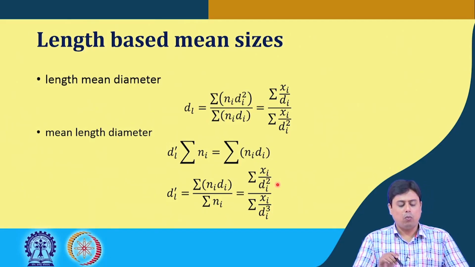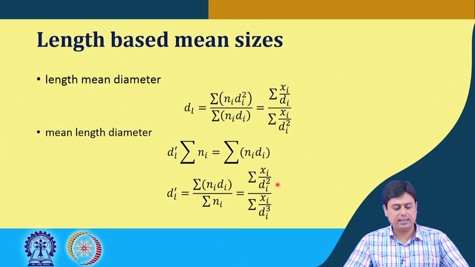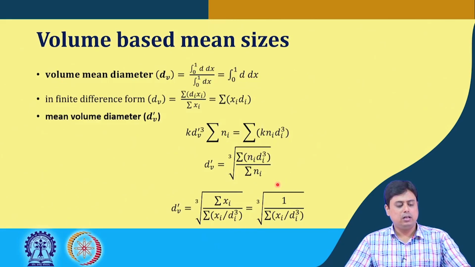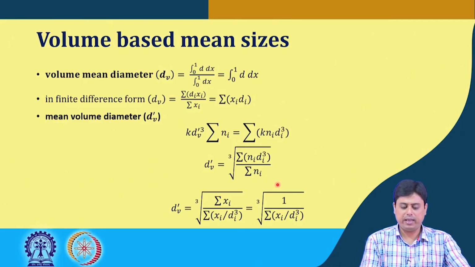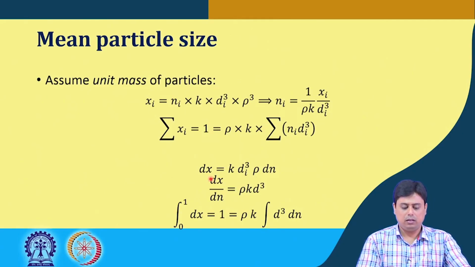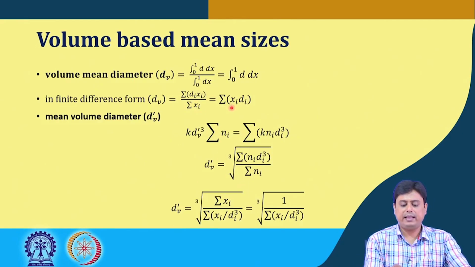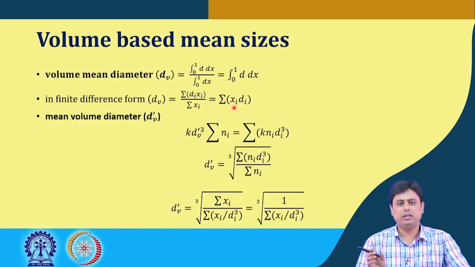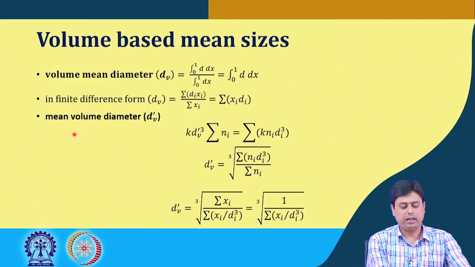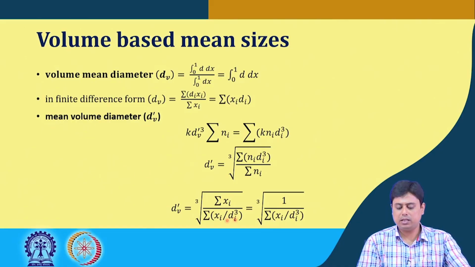So basically what it tells us, in the three cases that I have shown, is the one is volume based mean sizes, where we have expressed that in terms of xi di, which is the mass fraction and the diameter of the respective mass fraction. Here also, but it is the mean volume diameter.